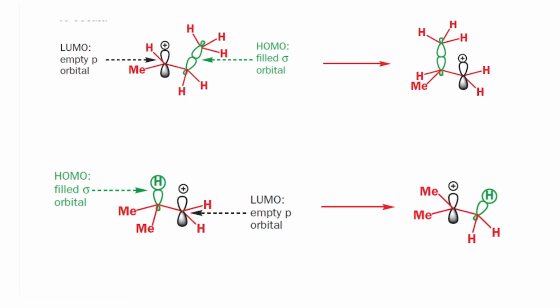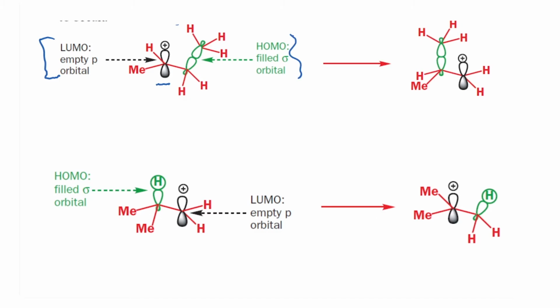So the way we understand this is that a carbocation is basically an empty p orbital on a carbon, and this, as we discussed previously, is basically the lowest unoccupied orbital, and it is waiting to accept electrons from another source. So the source of these electrons, in the first top case, is a methyl group, and we know that the methyl group has a highest occupied molecular orbital, which is the filled sigma bond.